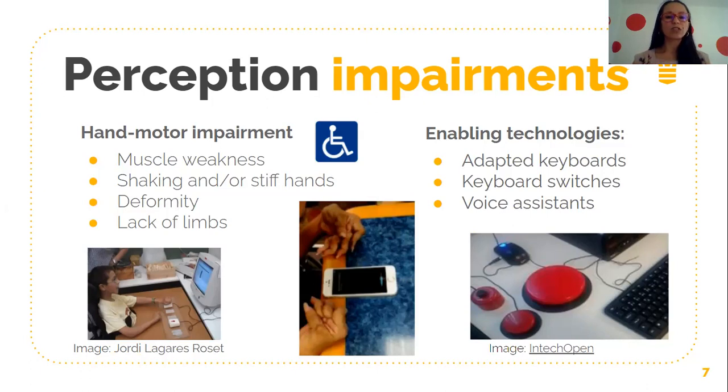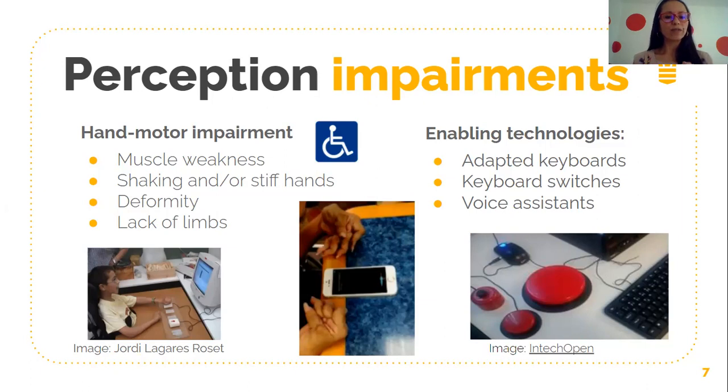They could also have shaking hands or stiff hands, resulting, for example, from arthritis. So that kind of condition also makes it difficult for them to use these kind of devices that we're talking about.